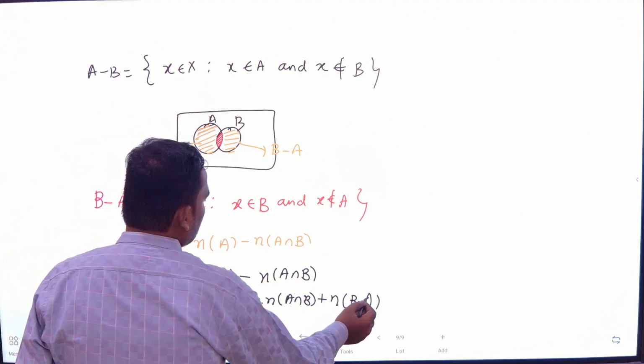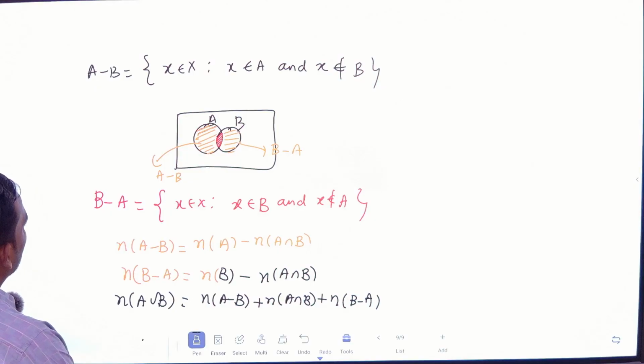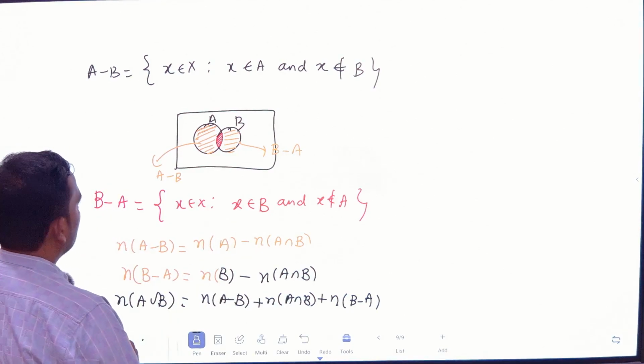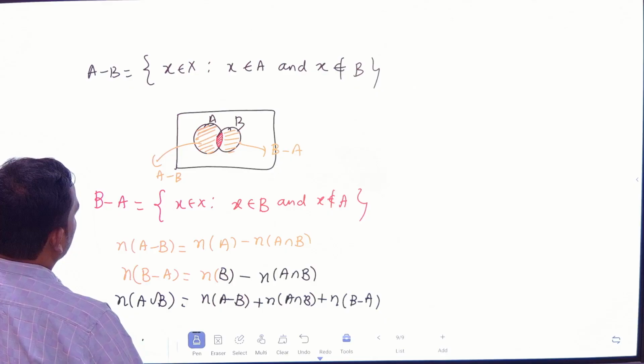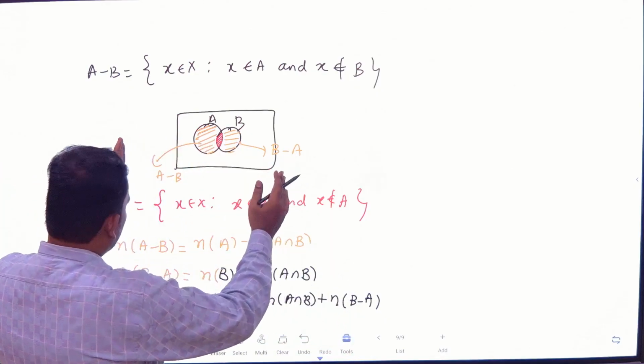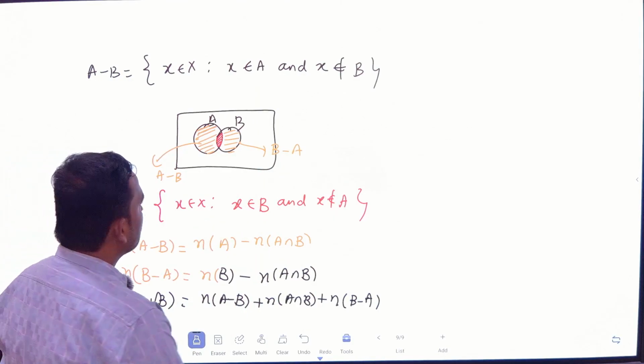Okay, so next, another way you can see. We need A minus B and B minus A. How to write it? Take the whole union and remove the A intersection B, what will you get?